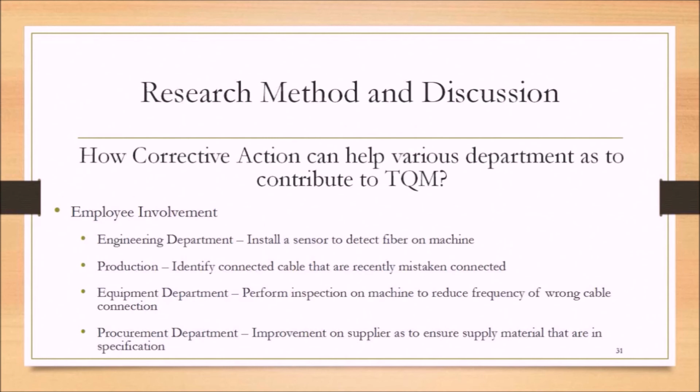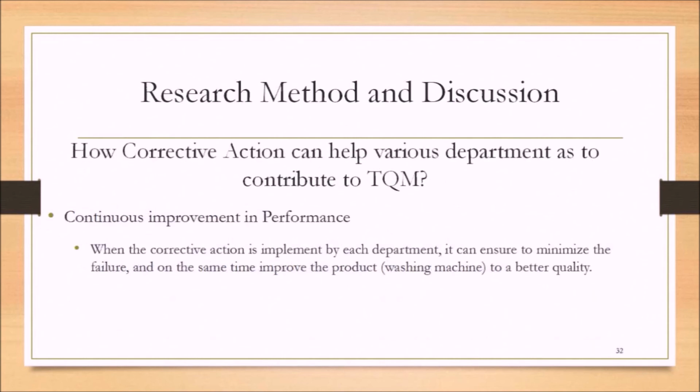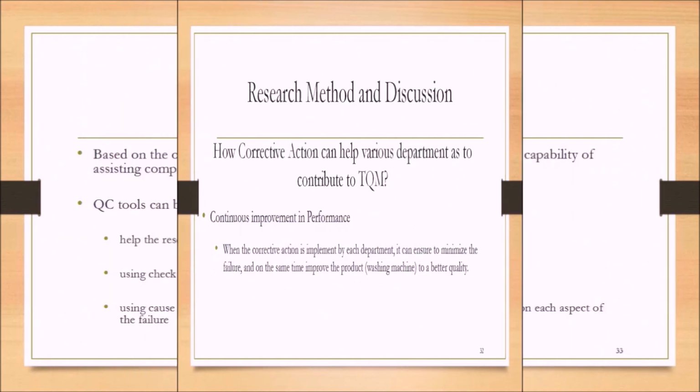Lastly, the procurement department plays an important role in improving the suppliers to ensure the supplied materials are within specifications. Third principle of TQM, continuous improvement in performance. When the corrective actions are implemented by each department, it can minimize the failure and at the same time improve the products to a better quality.